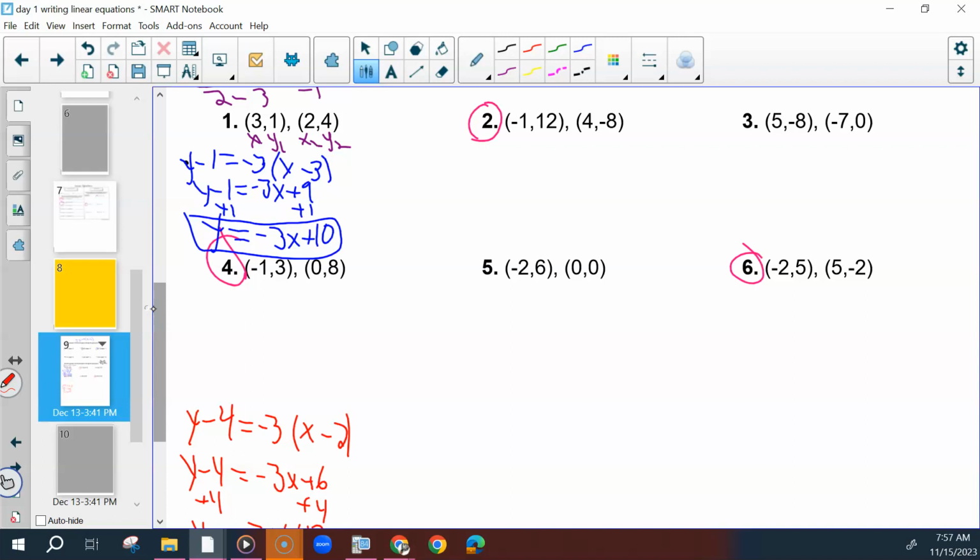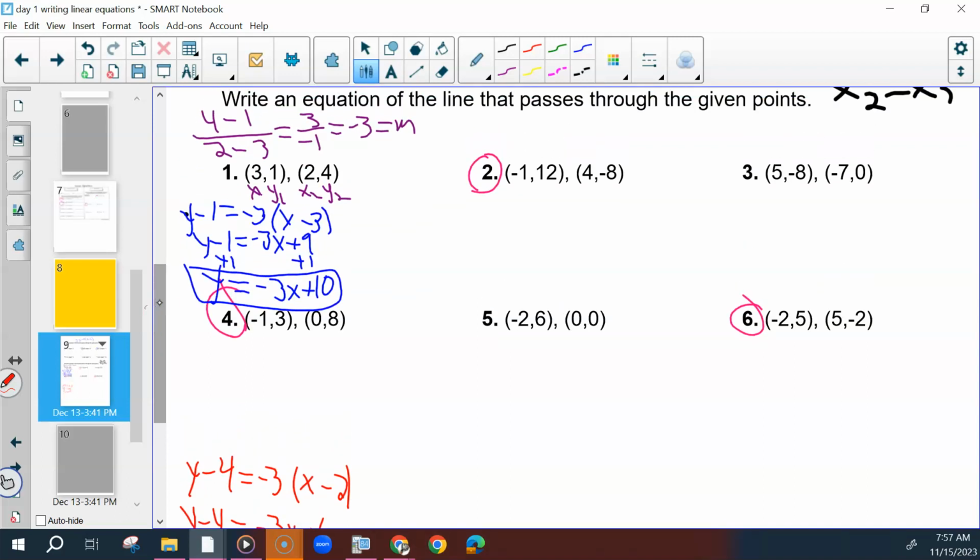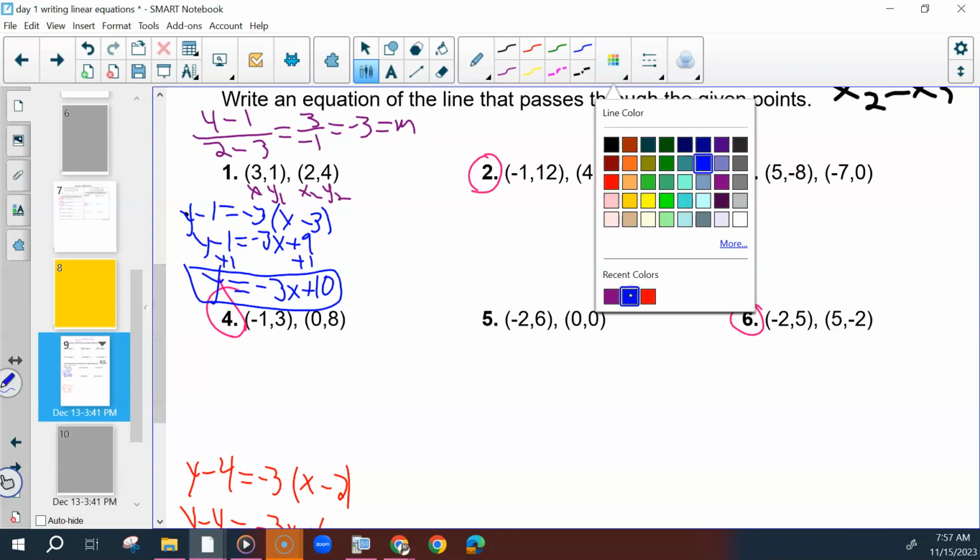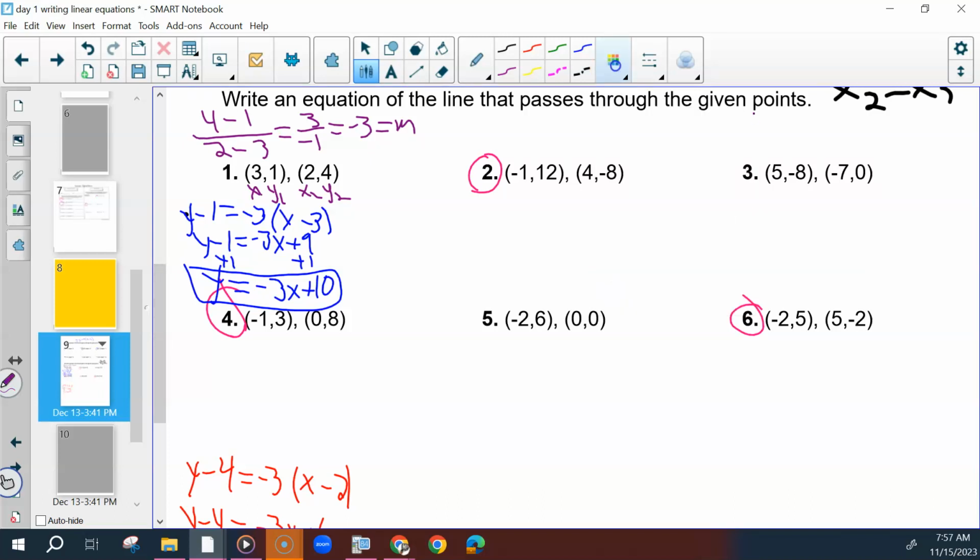Questions on this process? Okay, let's do another one. Let's skip 2 and go to 3. Again, first step, find the slope. We have 0 minus negative 8 over negative 7 minus 5.